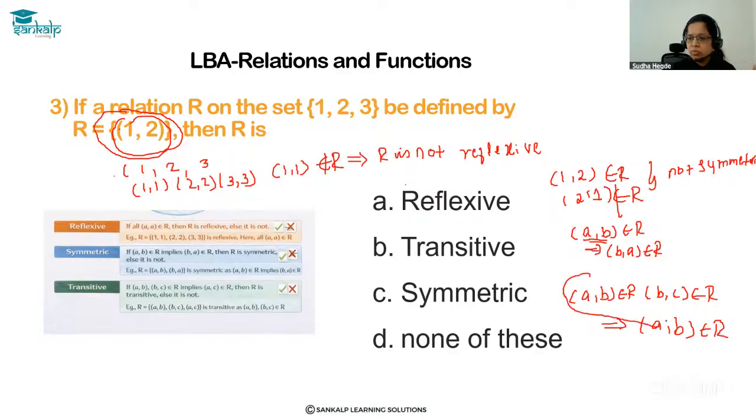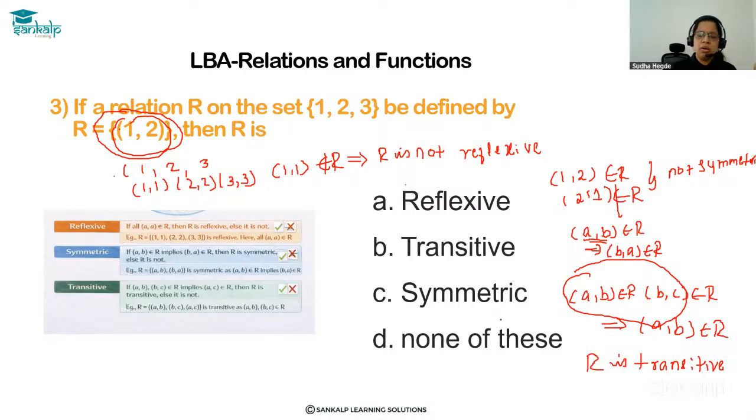So in such cases, we have to consider R as transitive. It's an assumption. You have to assume R as transitive because we don't have pairs like (a, b) and (b, c).